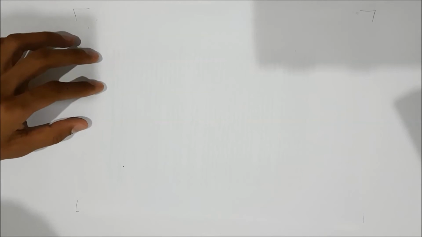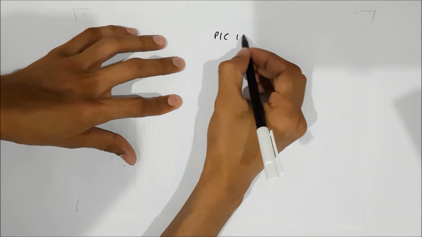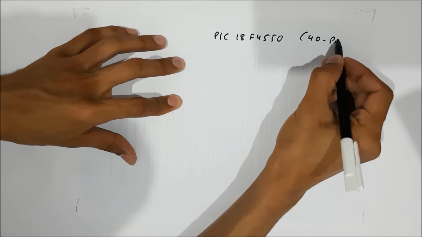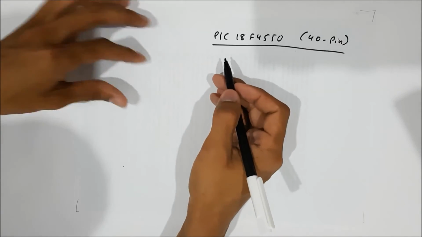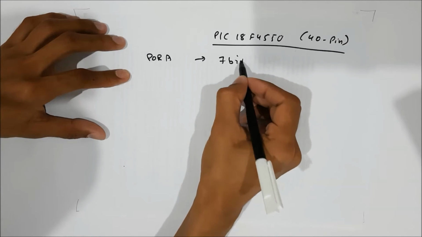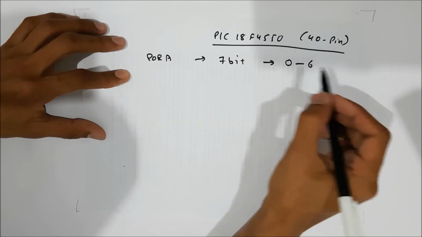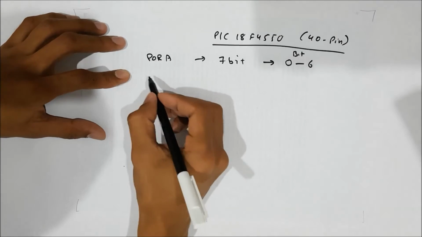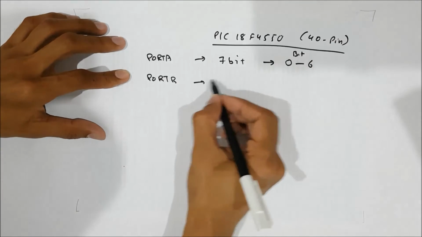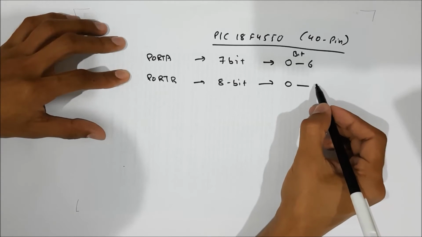So here in PIC18, in a 40-pin package, PIC18F4550, we have port A, that is a 7-bit port, and its pins range from 0 to 6. Then we have port B, that is an 8-bit port, and the bits range from 0 to 7.